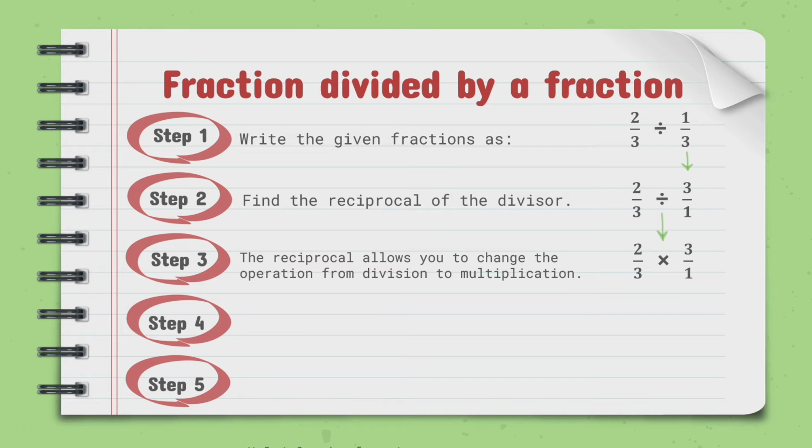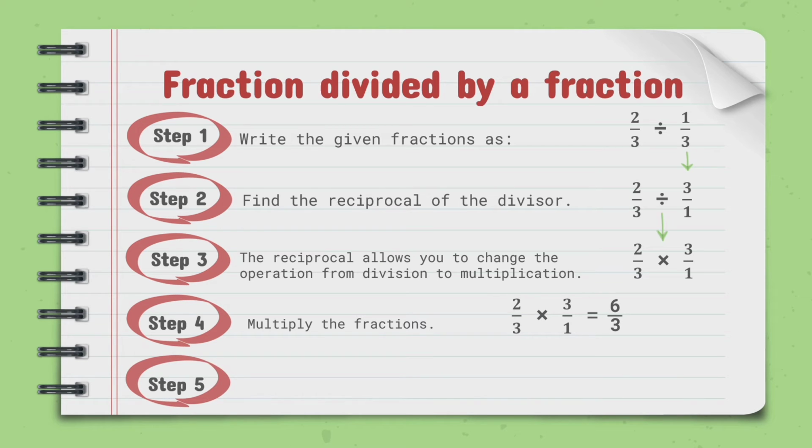Step 4, multiply the fractions. So 2 times 3 equals 6. 3 times 1 equals 3.